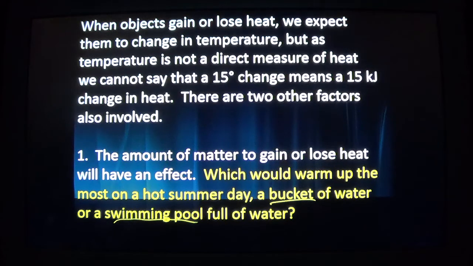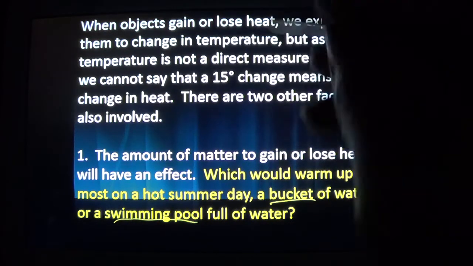They're both in direct sunlight all afternoon long. Do I expect them to both have the same temperature at the end of the afternoon? And hopefully your experience tells you no. We expect the bucket of water to be warmer than the swimming pool.